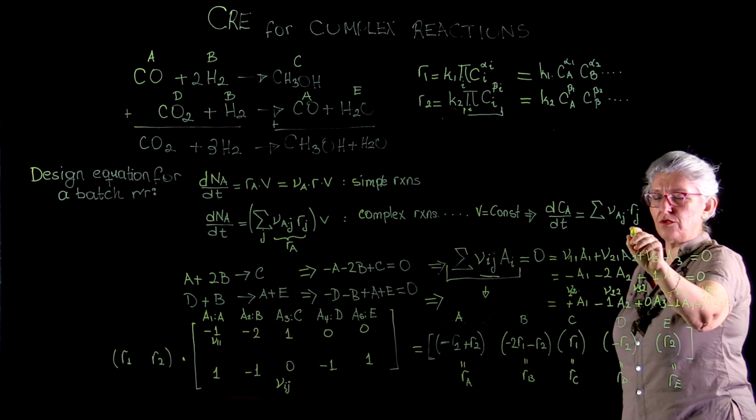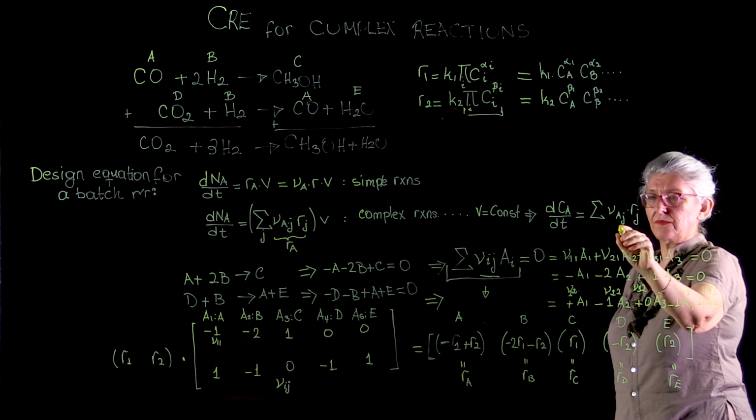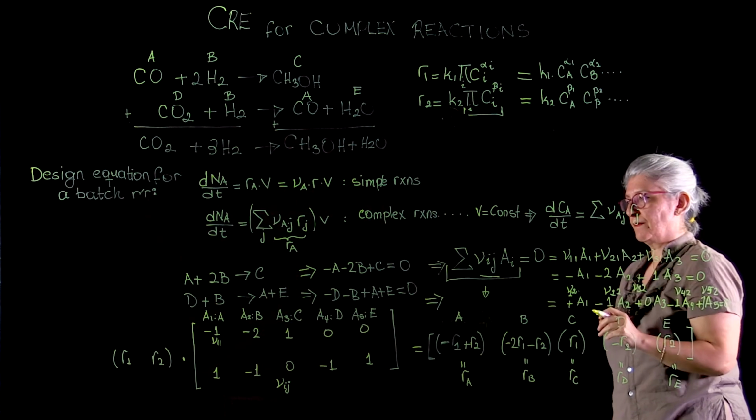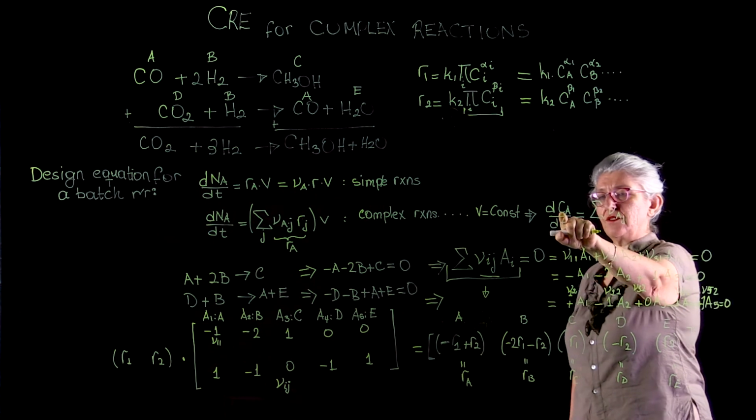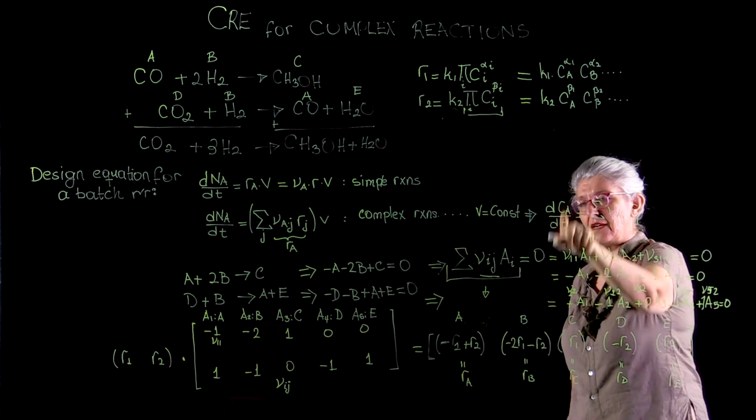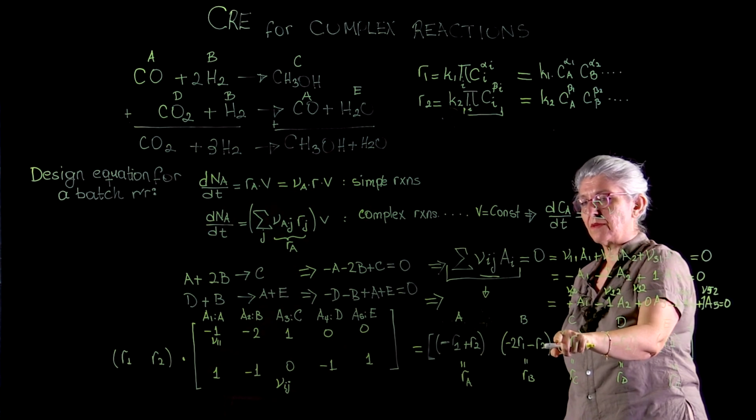So this was our row vector. This is our tensor. We have another vector actually. We have a column vector of components.